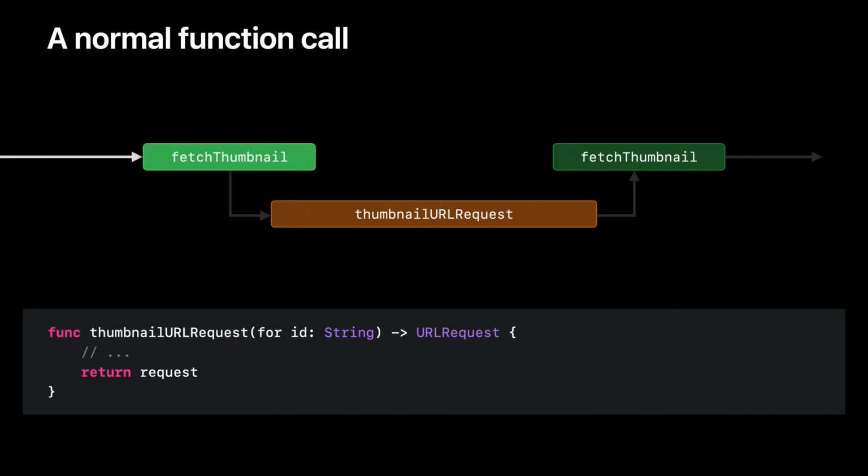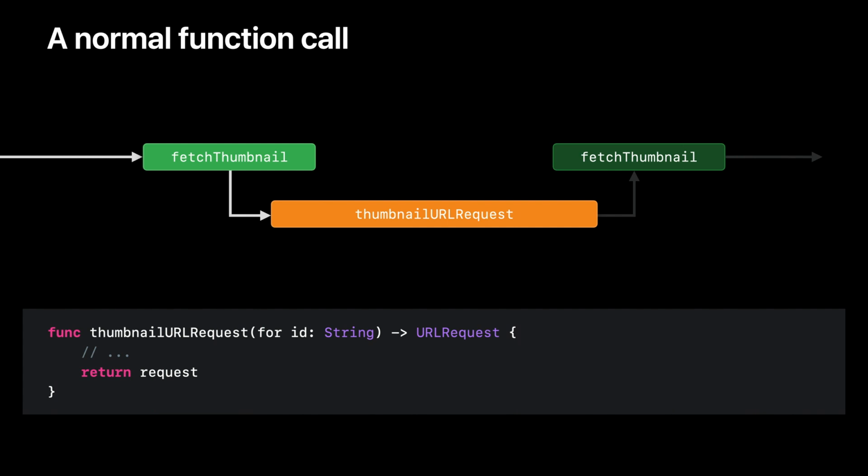What does it mean for an async function to suspend? To answer that, let's think about what happens when you call a function. When you call any function, you hand control of the thread your function's running on over to that function. If it's a normal function you're calling, like thumbnail URL request here, then the thread will be fully occupied doing work on behalf of that one function until it finishes.